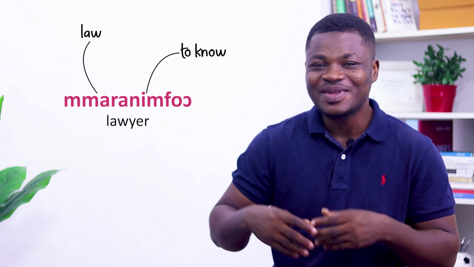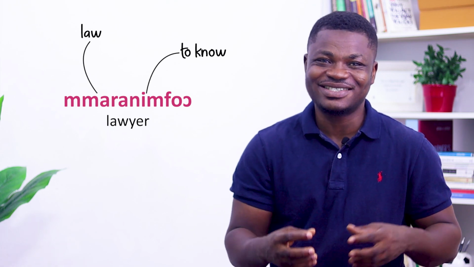But in Chi, a person who knows the law is mranimfo, a lawyer. Or you can choose to go with the borrowed one, which is lawyer. And sometimes we even add the person suffix, so we get lawyer ni.